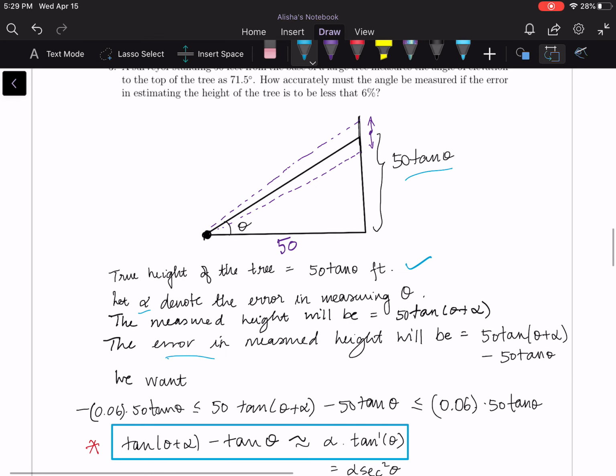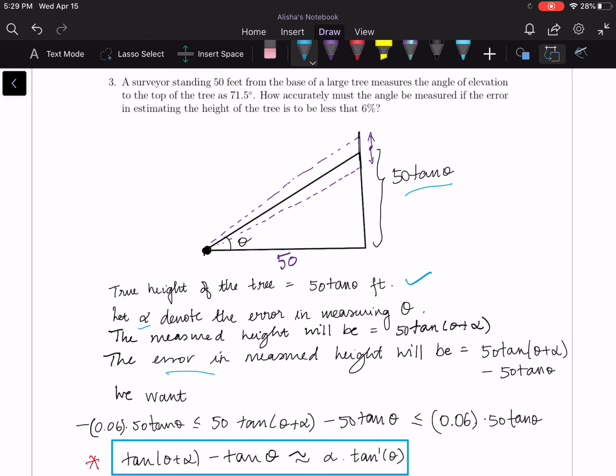So the question tells us that the error in the measured height, that difference, has to be at most plus 6% of 50 tan theta, or at most minus 6% of 50 tan theta, right?